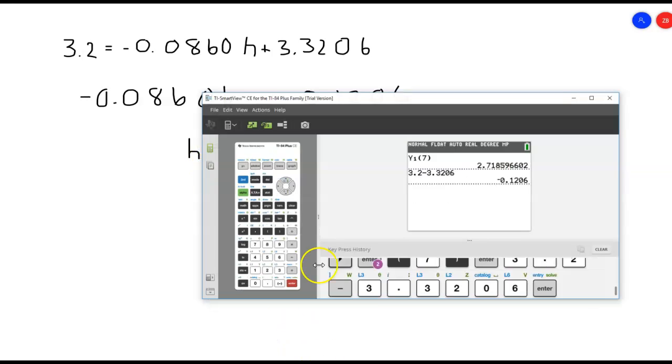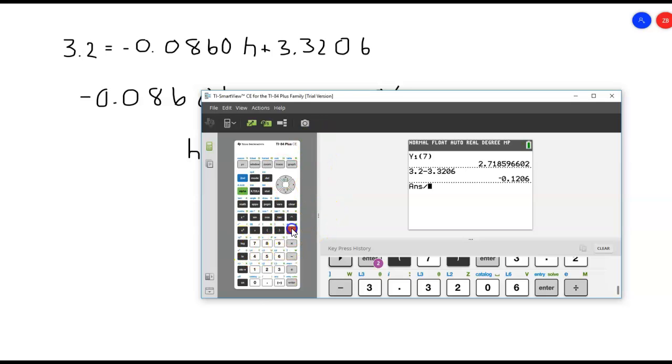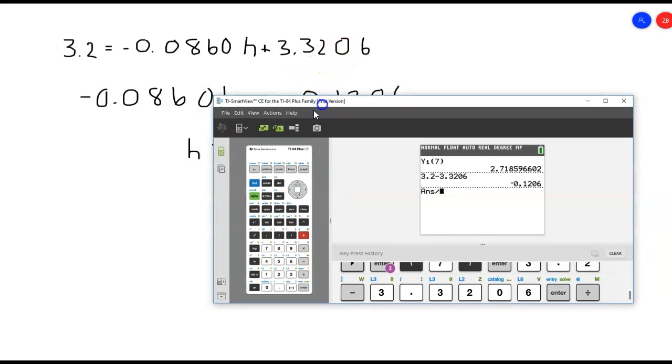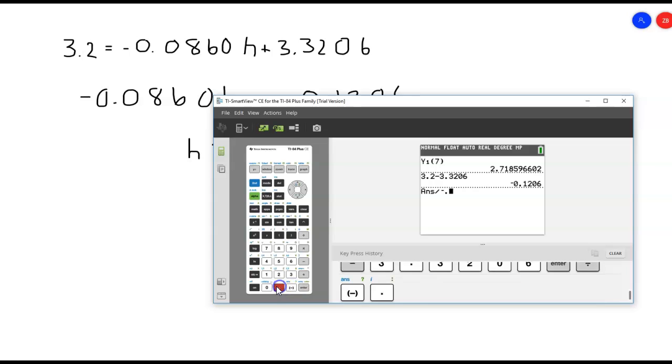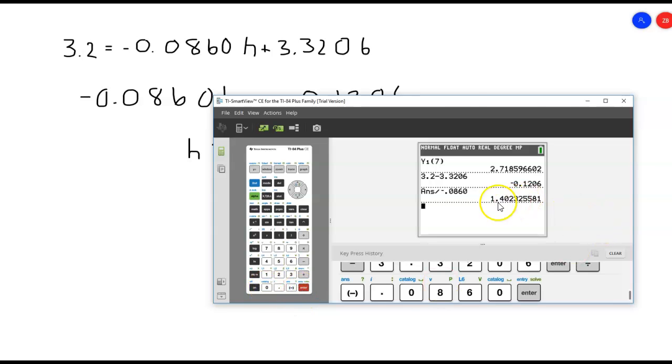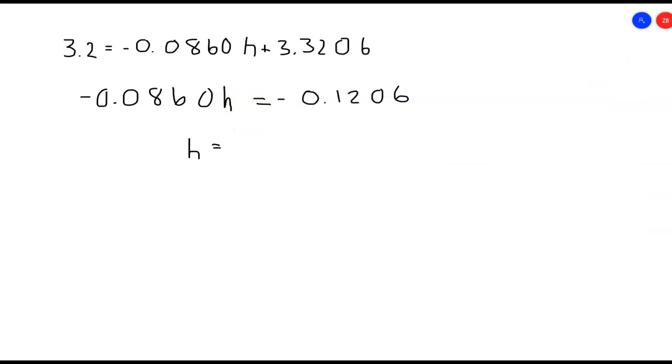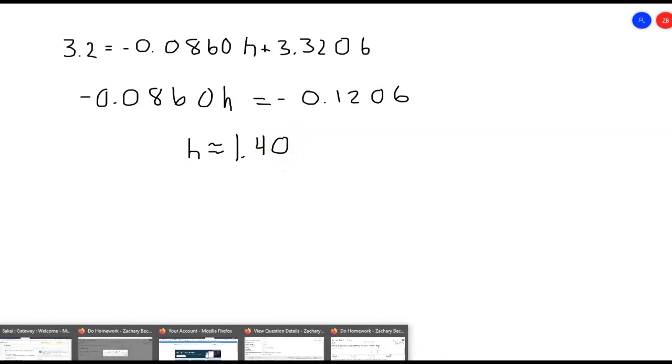And I will get, I already have that up there, so divided by negative 0.0860 in order to isolate h. And I get about a 1.40. So approximately, I should use approximate symbols. 1.40. And pull that back up.